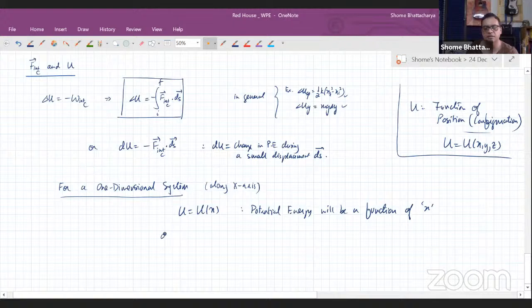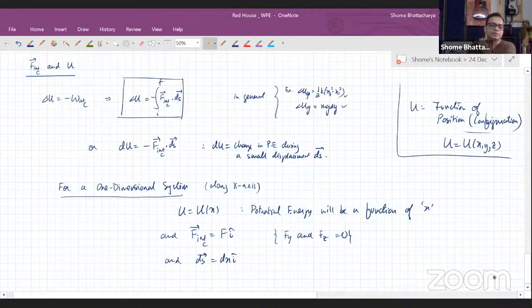Okay. And the internal conservative force also will just have one component. Fy and Fz will be 0 for the internal conservative force. So only one component will be there. And also, because the motion is one dimensional, dy and dz are 0.